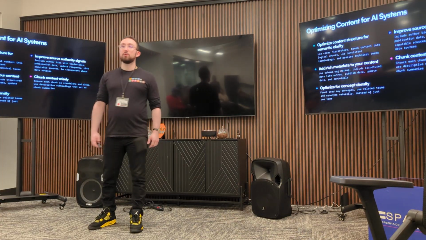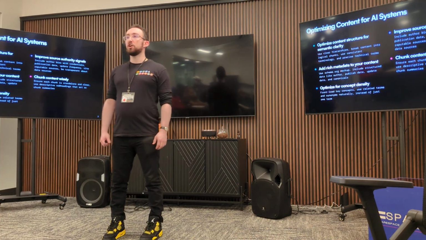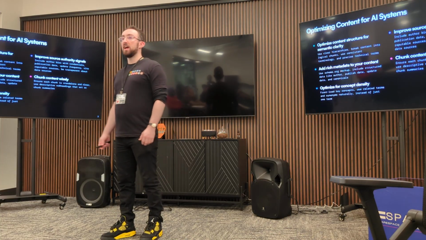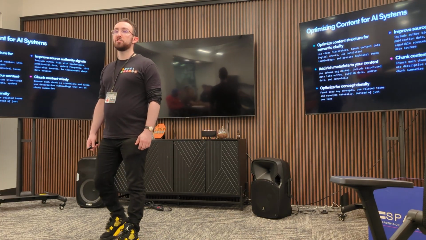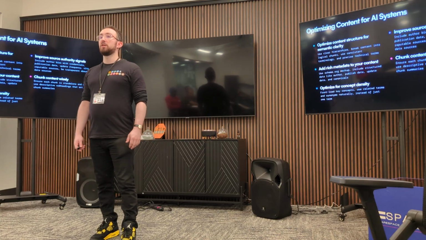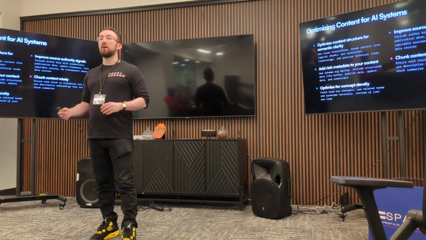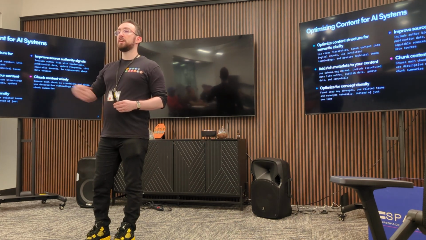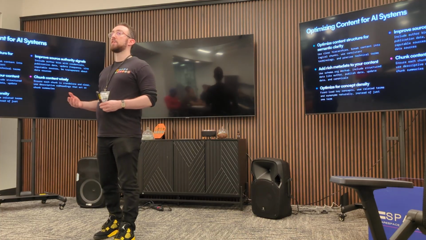This is probably the most important part: have the chunks be standalone. When AI looks at your site, it doesn't take the whole site at once and do it in one go. It breaks it into chunks, and you want each chunk to be such that you could take it on its own and it would still make sense and still have context.